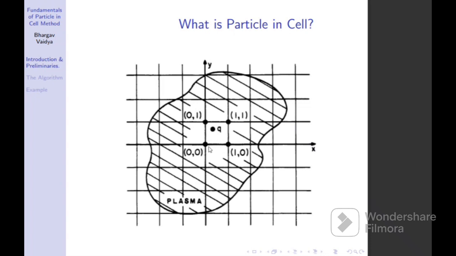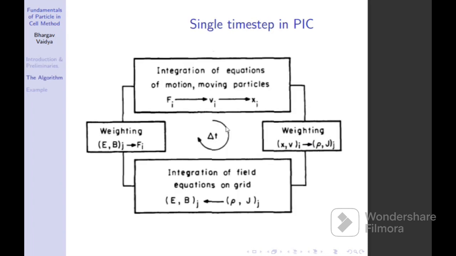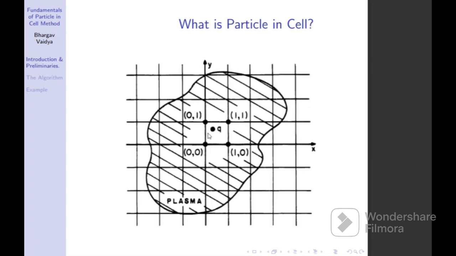But proportionately. For example, the charge will have much higher influence on this cell than this. So there is something called bilinear interpolation. I'll talk about the weighting and all these schemes. There are certain schemes to weight. So there you can decide how much fraction of this charge will contribute to the charge density at this point, and this point, and this point.